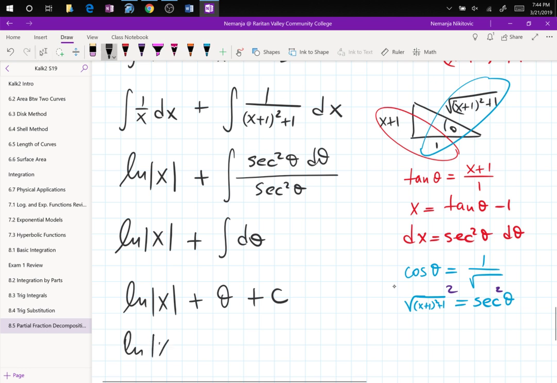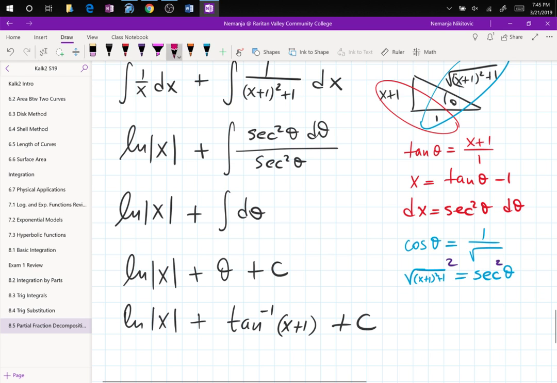So ln absolute x plus inverse tangent of x plus 1 over 1, it's just x plus 1, plus c. Look at that. Not even a page. 2.5 pages for you. So this one was juicy. I like it.